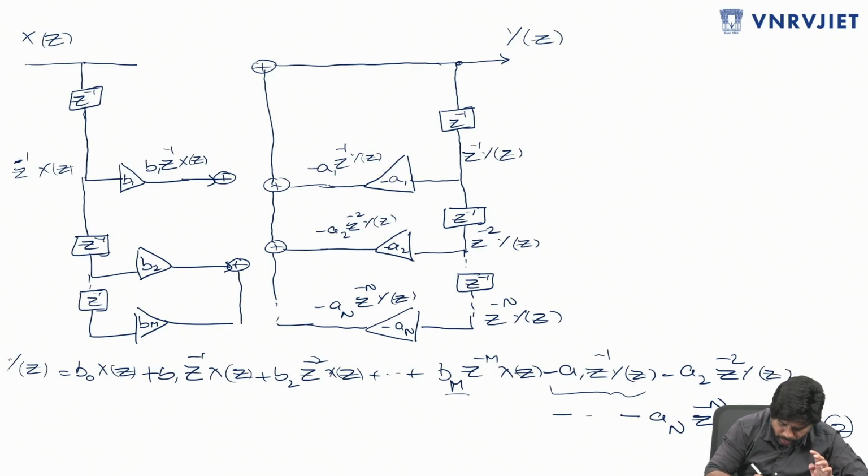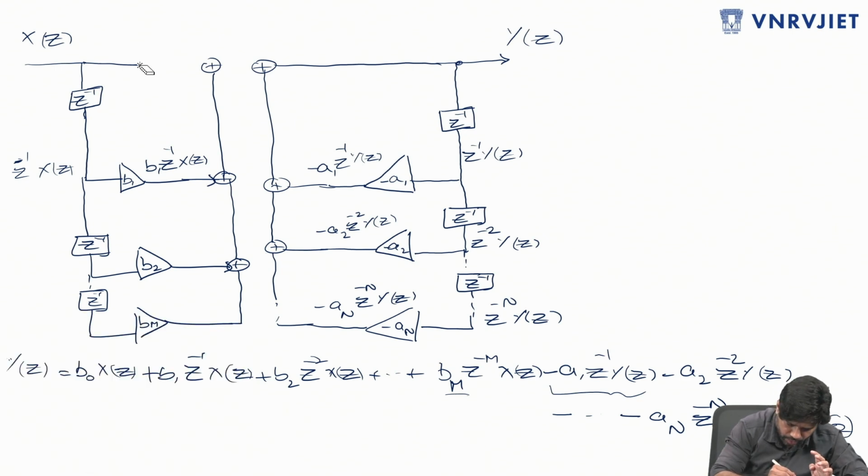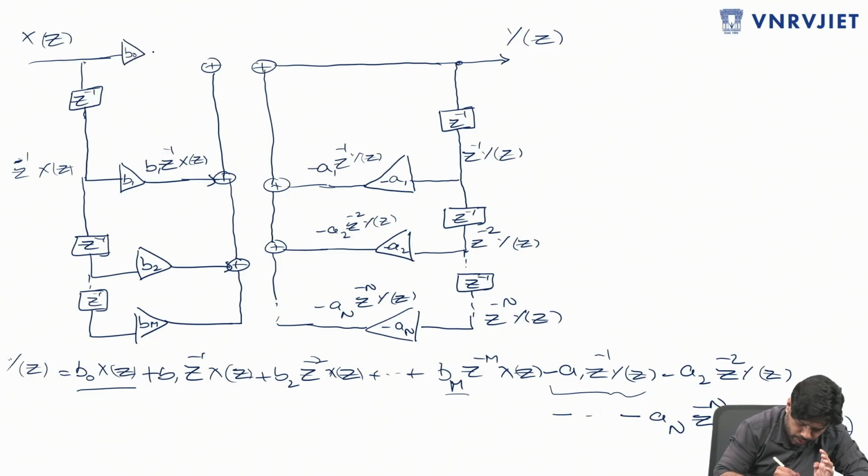So as we have drawn at the output end, all the terms are to be added, and here one term we have missed, that is, b naught x of z is there. So this is x of z, and here mention the constant multiplier b naught. Now the output is b naught x of z.